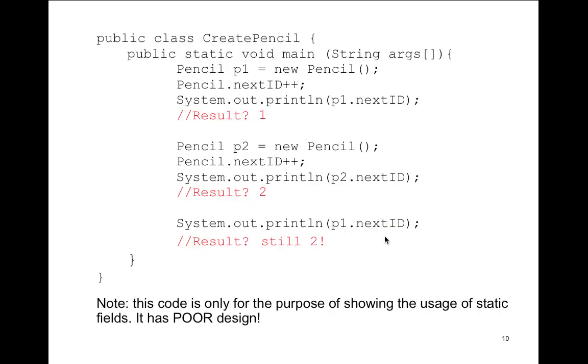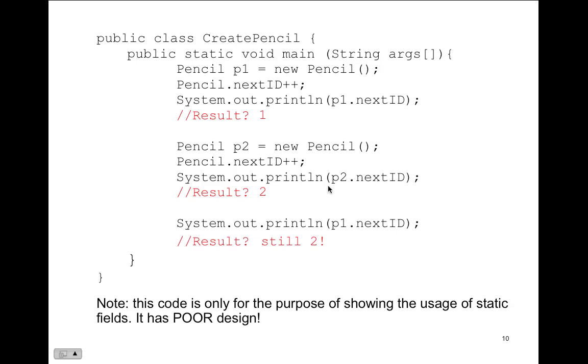And here we have another example where we create pencil p1 again, then pencil.nextID++, then system out p1.nextID, so the result is going to print out 1. Then we have another instance that we created of the same object type, pencil p2, and pencil.nextID.